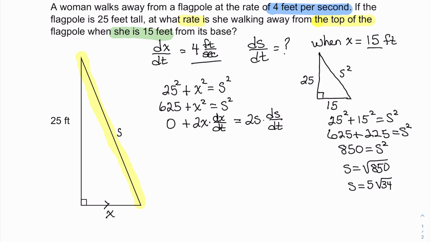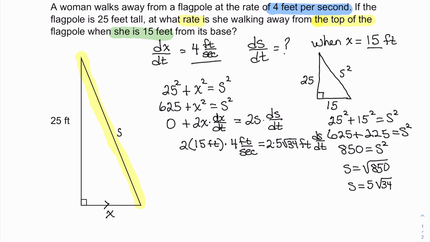So now we have all but one thing, so we can plug in our values and solve for that. So I have 2 times, take out the x and put in my 15 feet, times, take out the dx/dt and put in 4 feet per second, is equal to 2 times s, take out the s and put in 5 square roots of 34 feet, and then times that ds/dt.